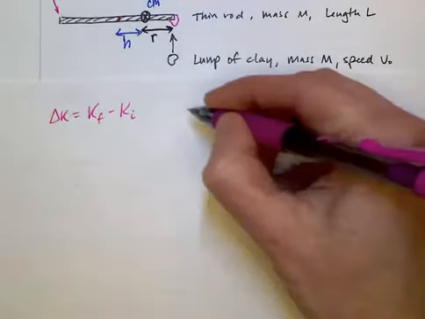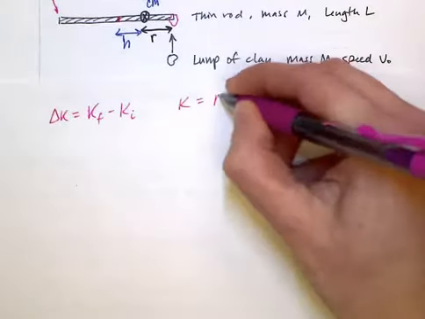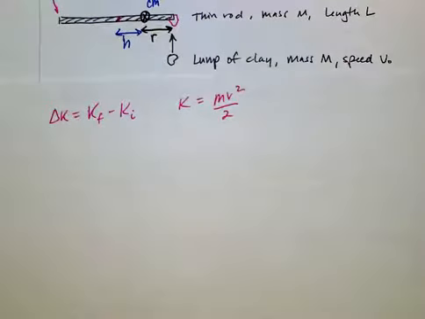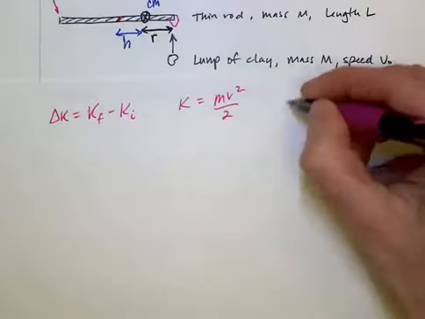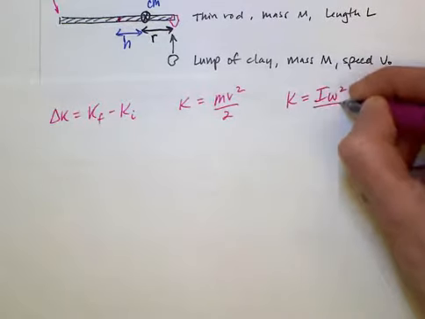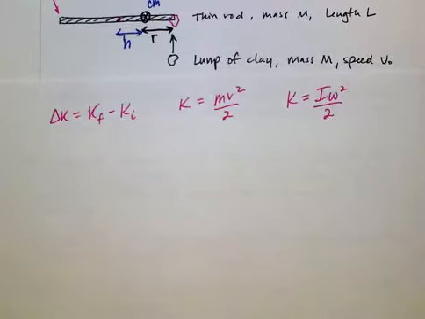Keeping in mind that when things move through space, our kinetic energy is mv squared over 2, and when things are rotating, the kinetic energy is I omega squared over 2.